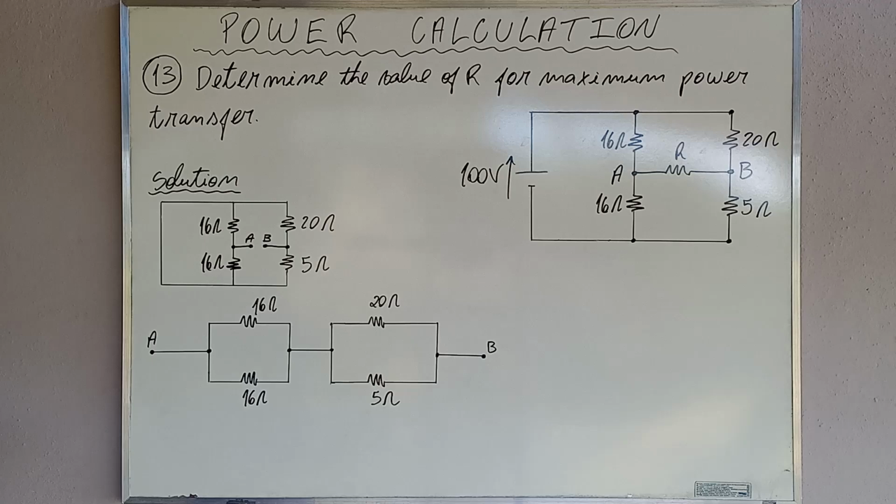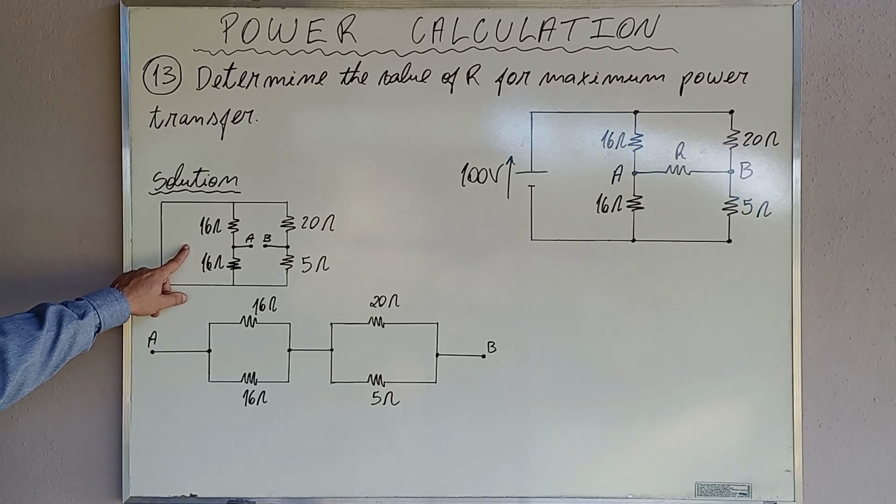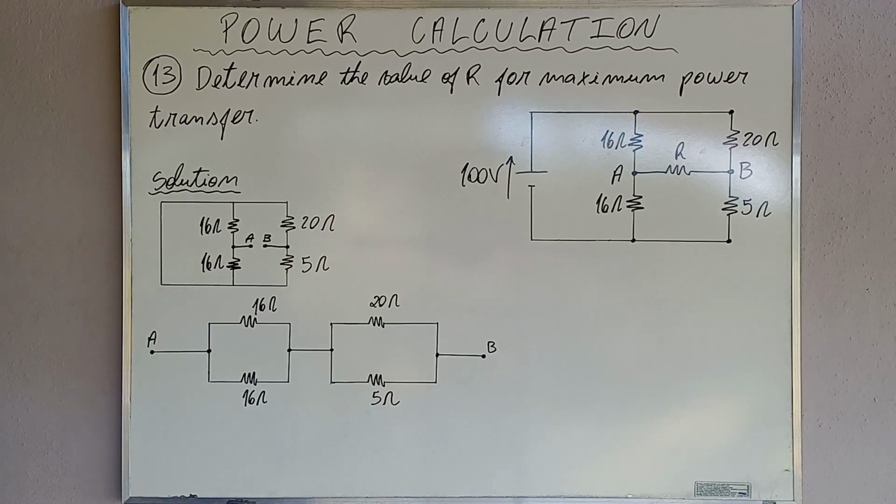After doing this, we reach this circuit here. However, observe that this circuit is harder for us to observe what's happening. Then it is better to remodel the circuit into this configuration for better visualization.